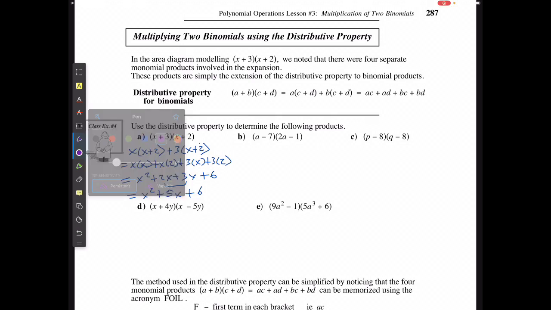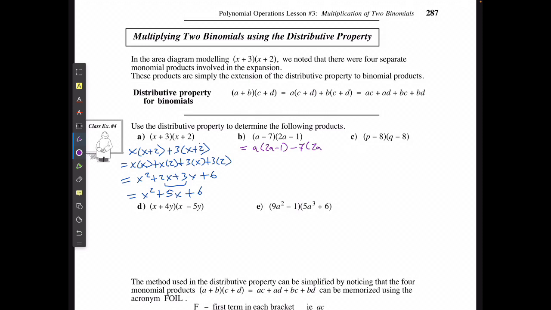For example B, this is going to equal a times (2a minus 1) minus 7 times (2a minus 1). A times 2a is going to give me 2a squared.